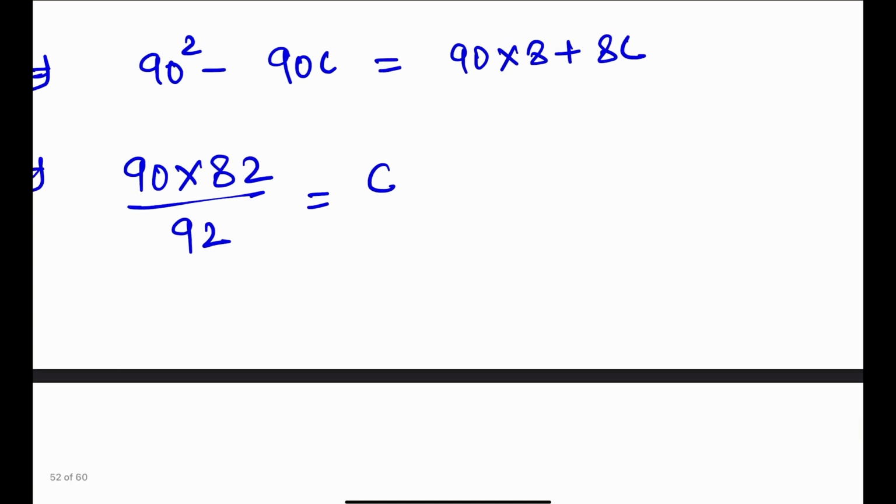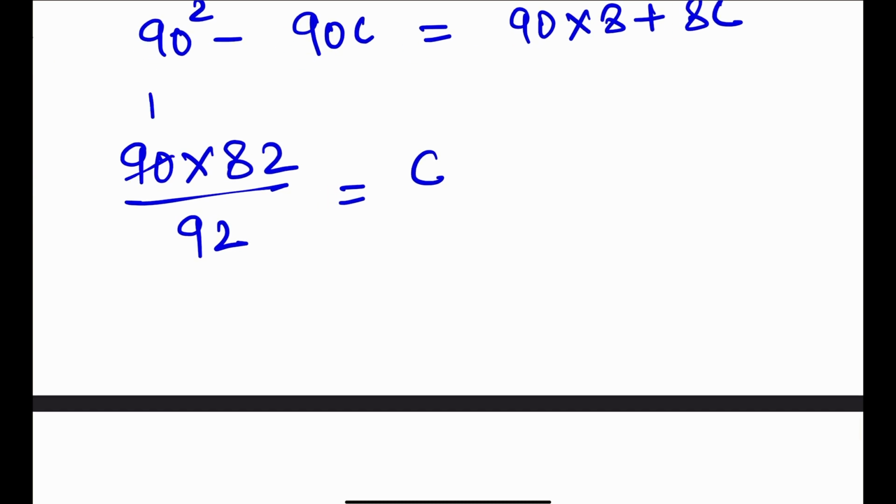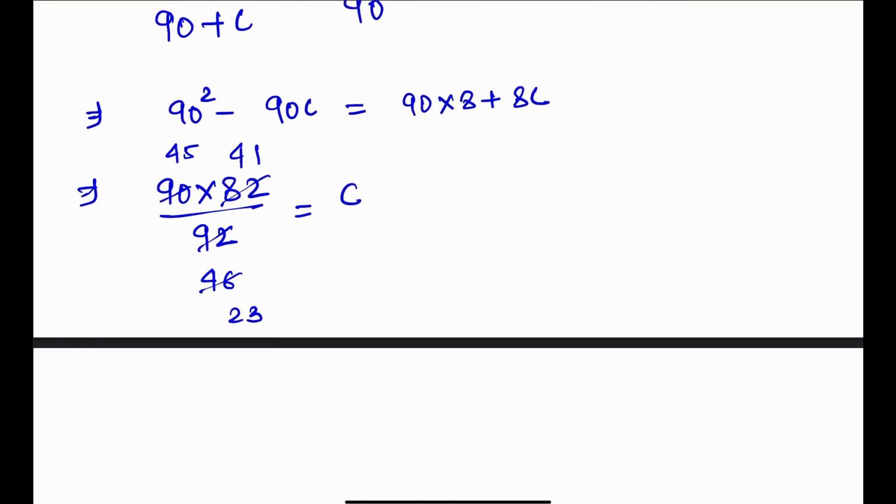I need to calculate this value. So this will be again 45, 46. So 45 and 46 are not going to go away. So the last one will be 23, 41. Okay, yeah, this is what I am going to get.